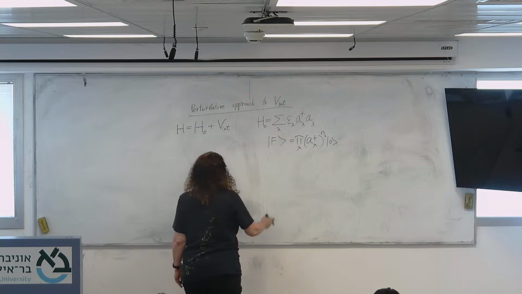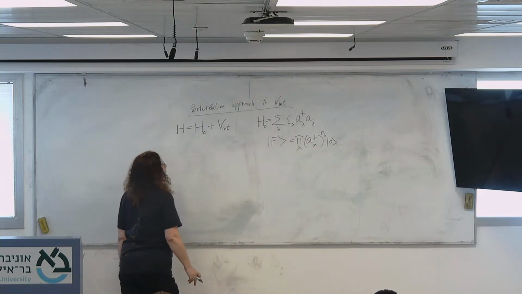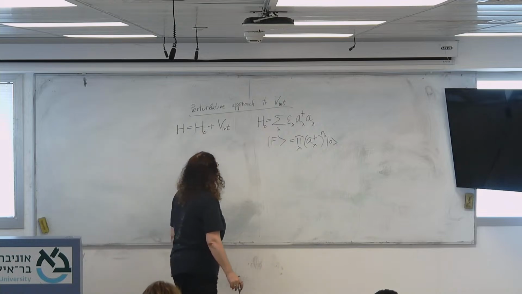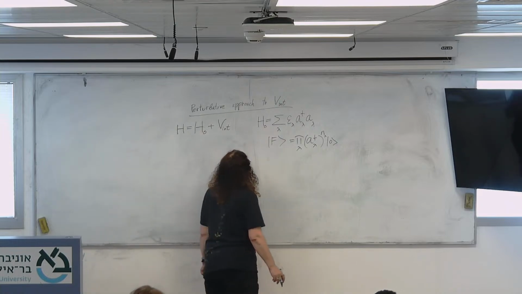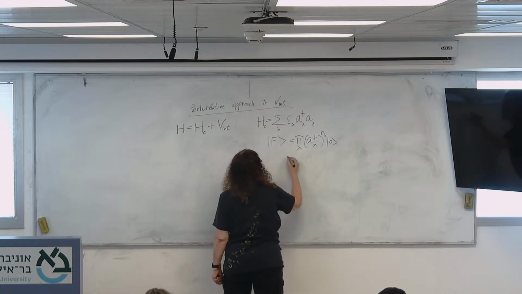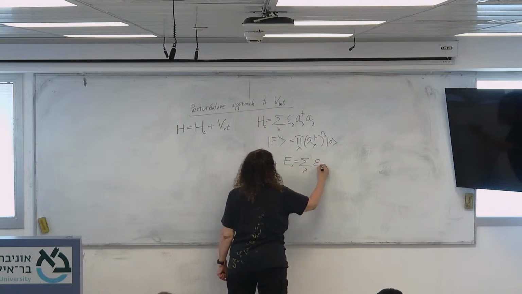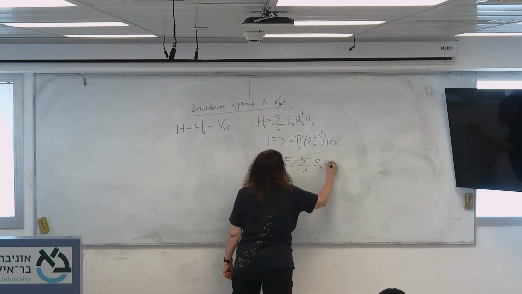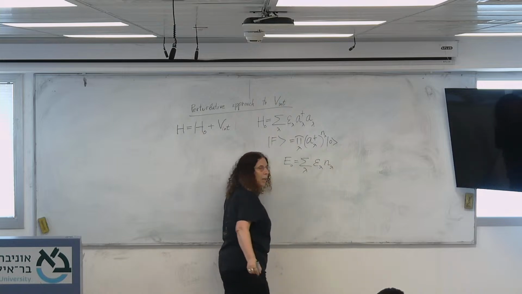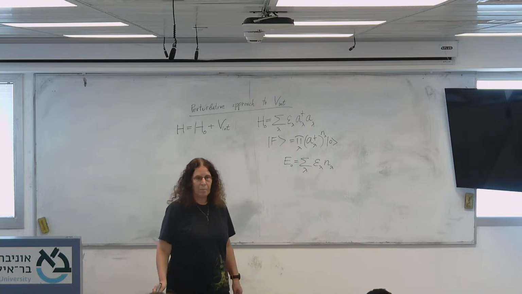And we also know that the energy of the ground state is just the sum over lambda of epsilon lambda times n lambda, where n lambda is the occupation of the lambda state.